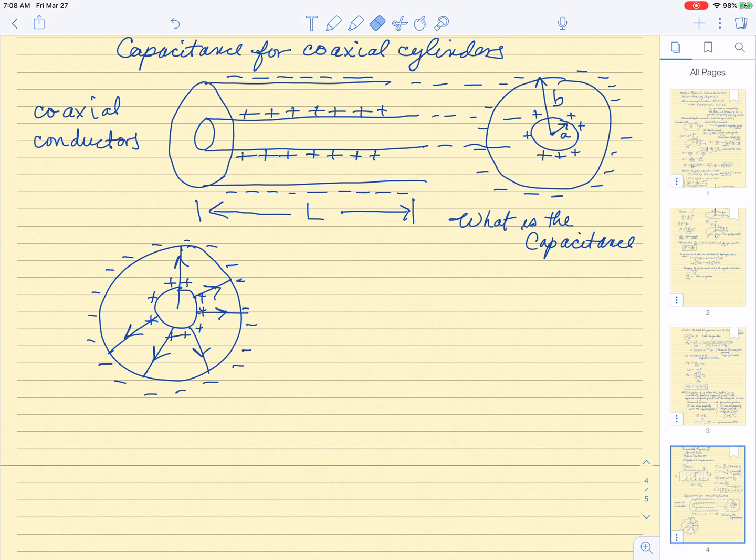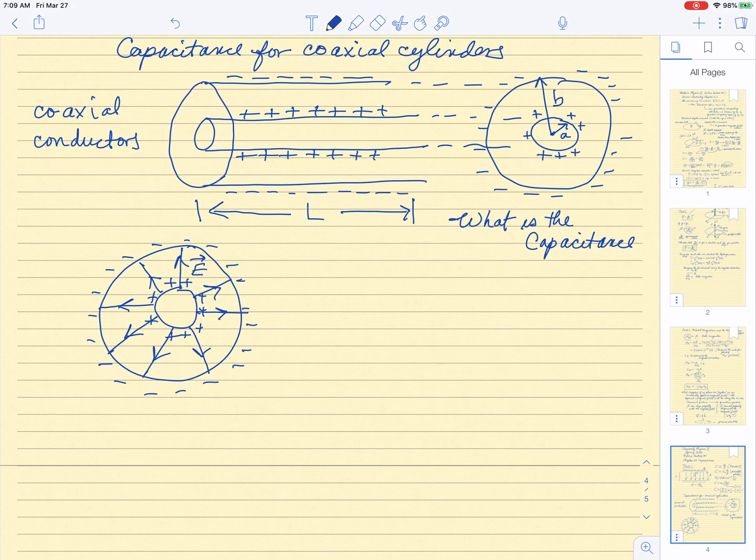Let me erase this since I messed that up. There we go. I'm learning how to use my iPad here. Not as good as a chalkboard and a piece of chalk, but we'll make do. So here's the electric field between those two.